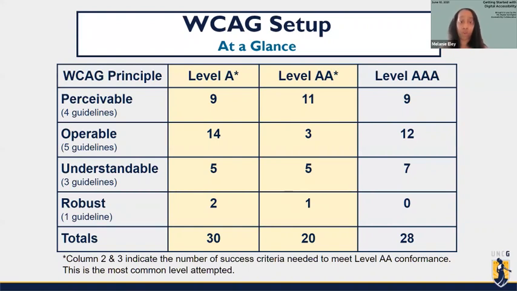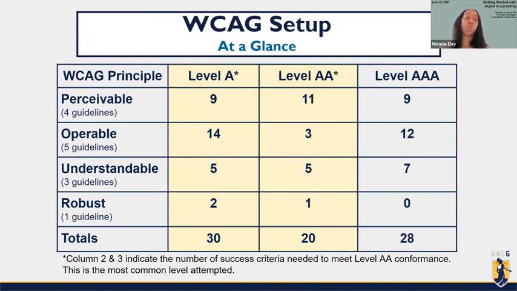The other three columns show the number of success criteria that are required to be met at the various conformance levels. I highlighted columns 2 and 3 just to show you the number of success criteria that would be needed if you wanted to achieve single A conformance and AA conformance.